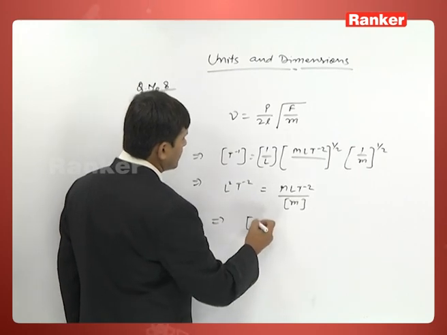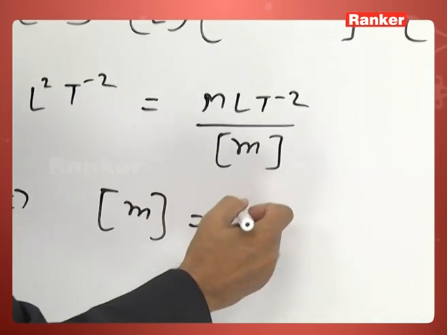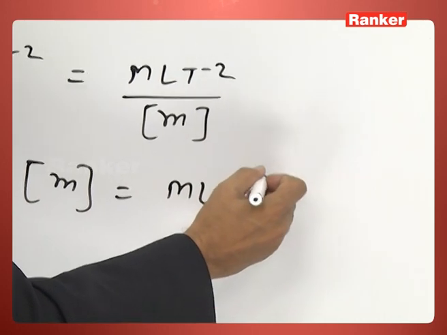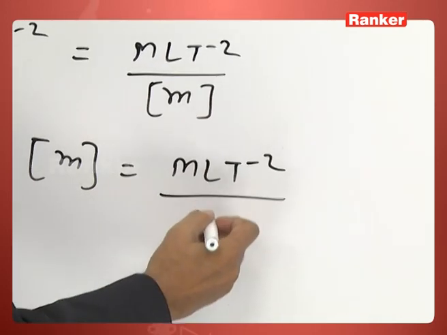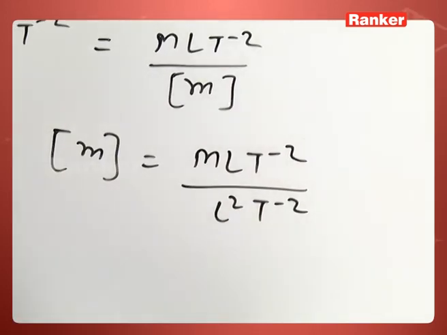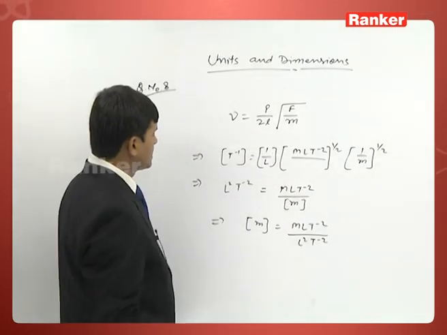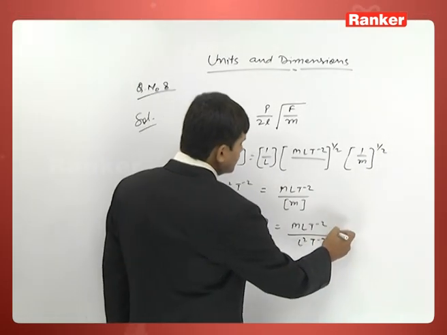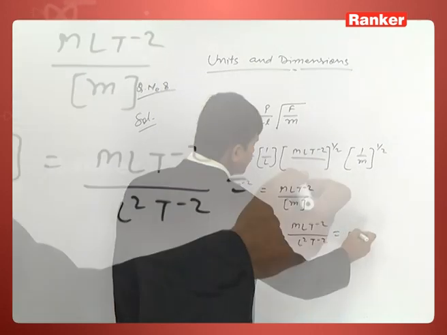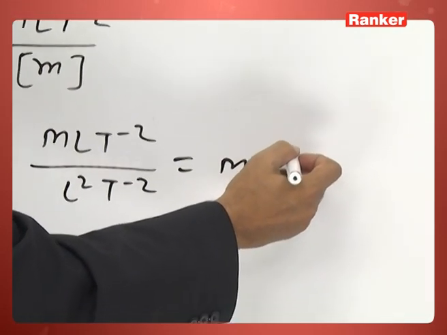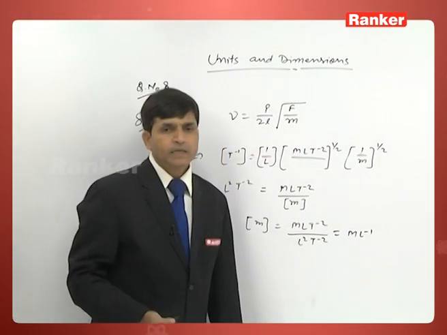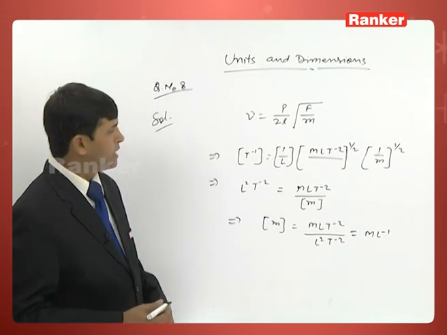So the dimension of m is equal to M L T minus 2 by L square T minus 2. So this becomes M L minus 1. This is the dimension of m.